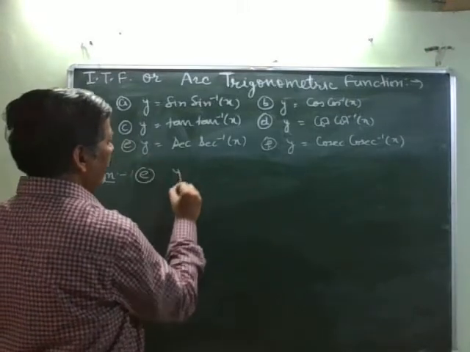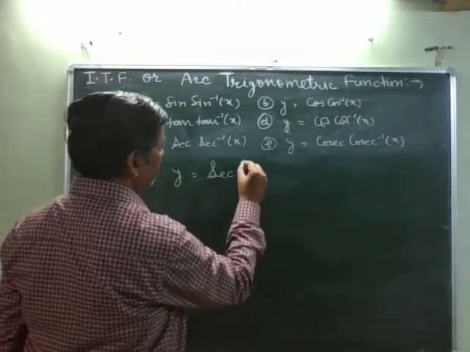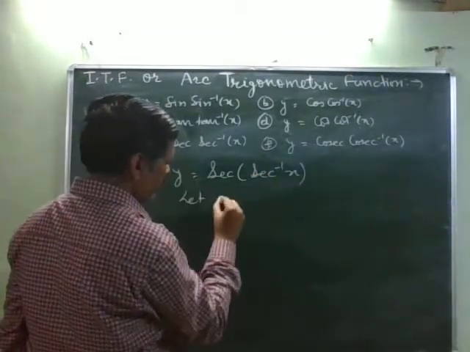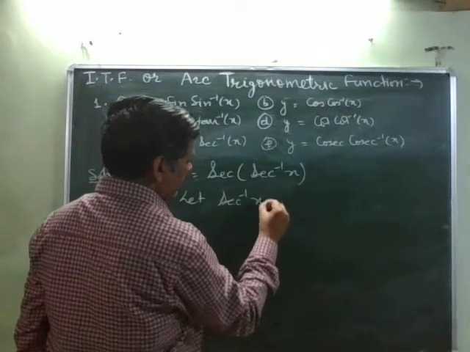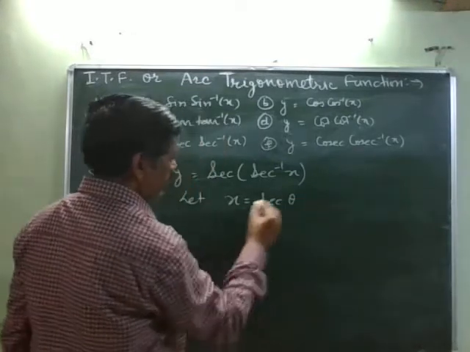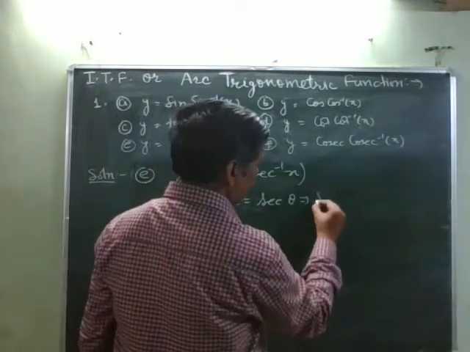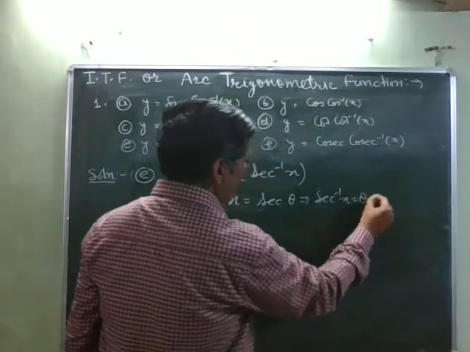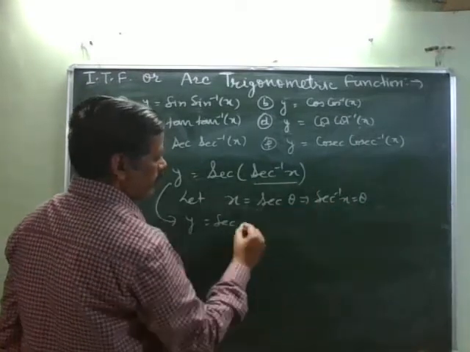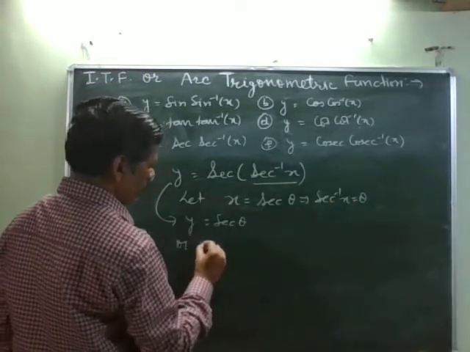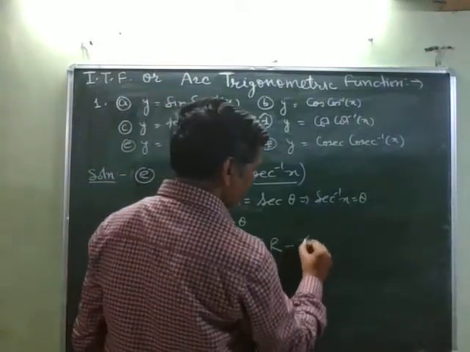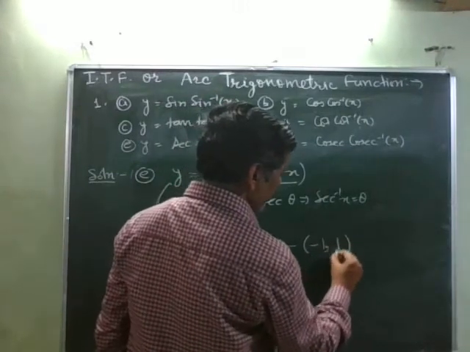Part E, y is equal to sec inverse x. Let x is equal to sec theta. Sec inverse x is equal to theta. Therefore, y is equal to sec theta, or y is equal to x belongs to R minus 1 comma plus 1.